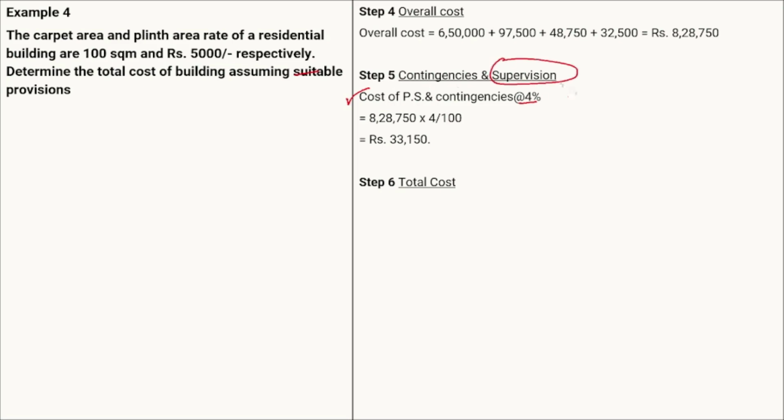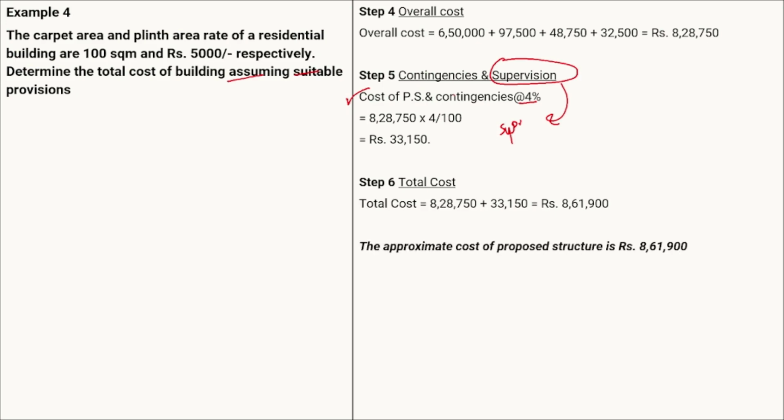You can also add the supervision cost, since we have to assume things, but the contingencies are compulsory. We cannot avoid the contingency. So the total cost will be the overall cost plus the cost of contingency. Therefore for example number 4, the approximate cost of the proposed structure equals 8,61,900.